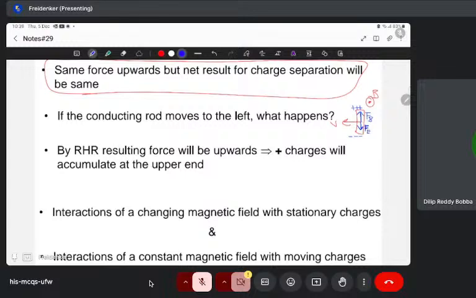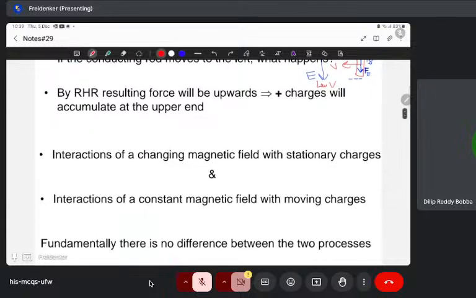Here electric field is in this direction. So here there is a high potential, and here there is a low potential. Yes, this is what is happening.